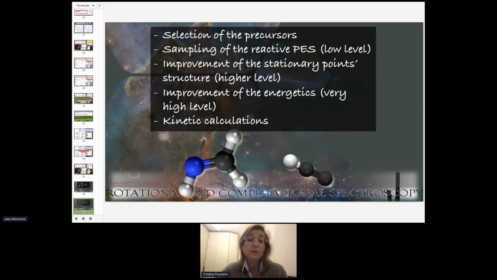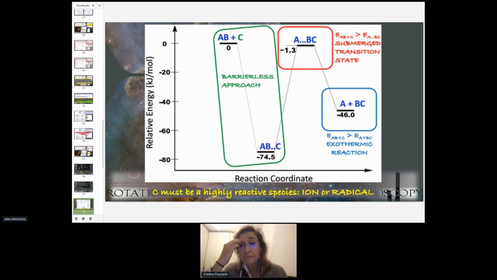Only at that time can you be sure that the molecule can be formed in the interstellar medium. And because of the constraints, mainly the low temperature, the open paths I mentioned before are those that have a barrierless approach, and all the barriers that can be present in the pathway need to be submerged, and of course overall the reaction should be an exothermic one.